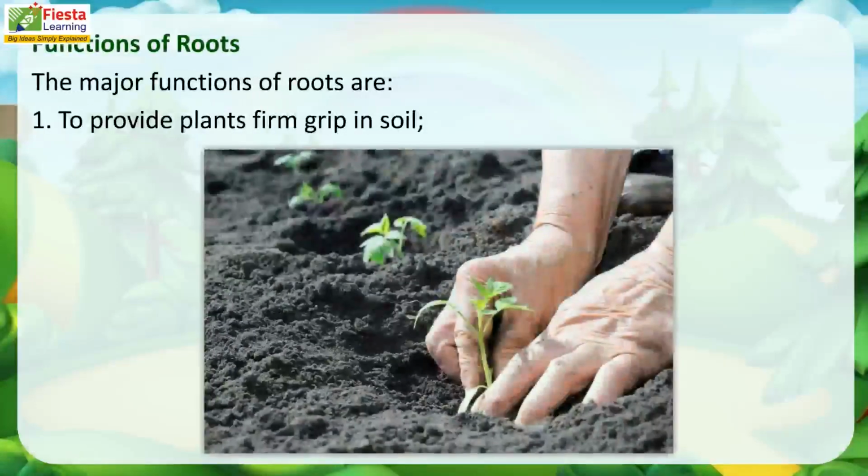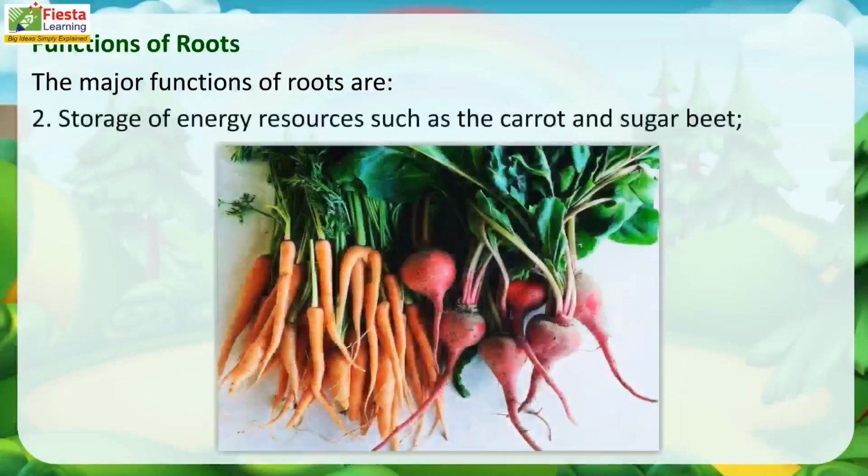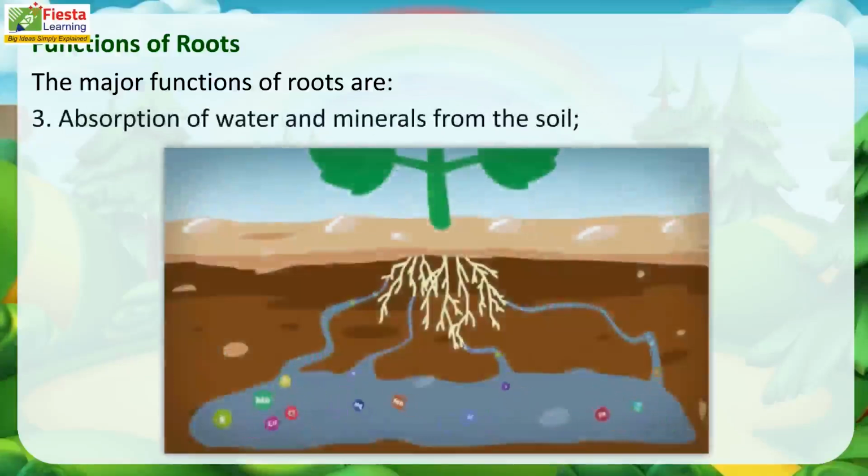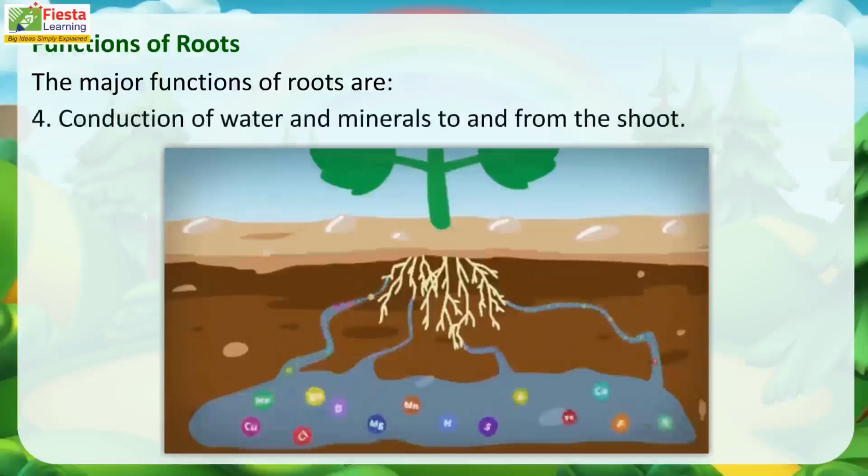Functions of roots. The major functions of roots are: 1. To provide plants a firm grip in soil. 2. Storage of energy resources such as the carrot and sugar beet. 3. Absorption of water and minerals from the soil. 4.